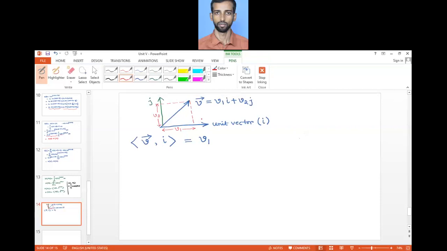So v1, that particular value, can be represented as the component of the vector v along the unit vector, or I can also write the basis function or basis vector, in the horizontal direction.